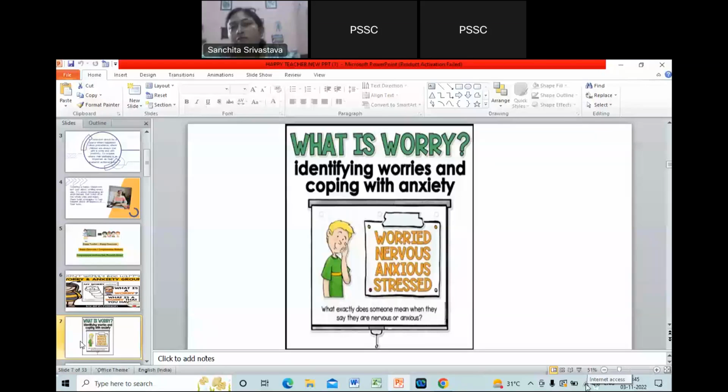Now, what are the factors that worry a child? A child may be anxious regarding homework. A child may be anxious regarding the classwork. And then you have to look into the atmosphere from which the child is coming.